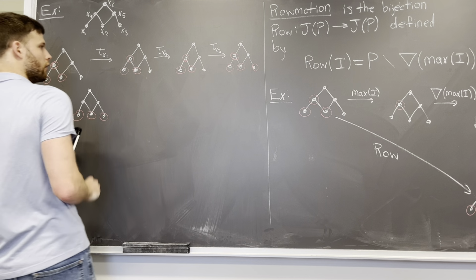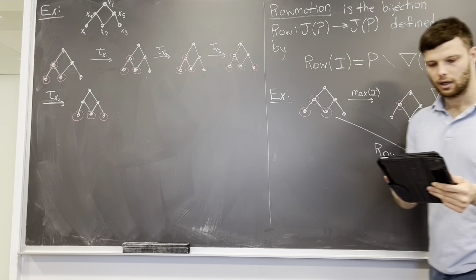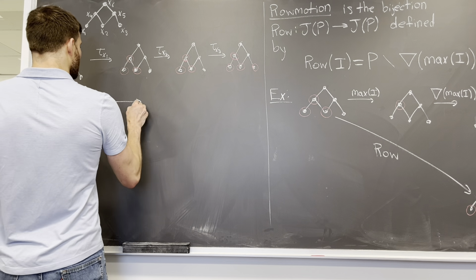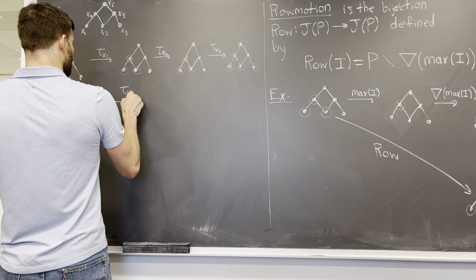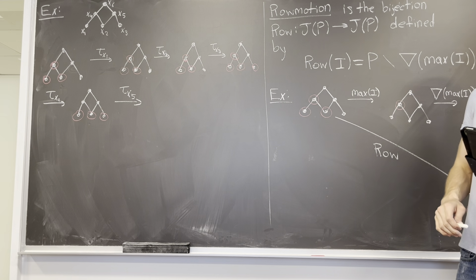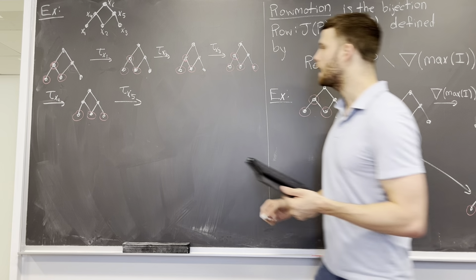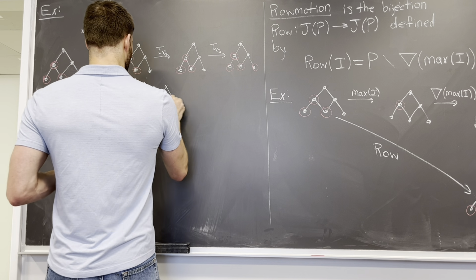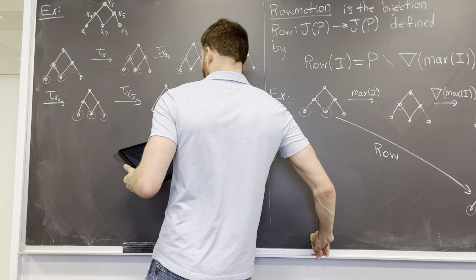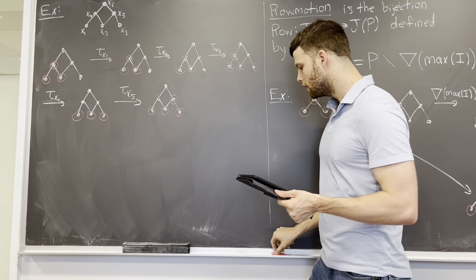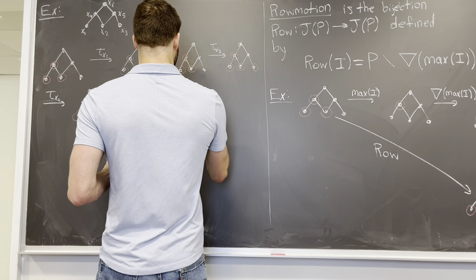So then I'm just left with this. Okay. Let's see, what is tau x5 of this? It's going to add x5. Yep, so it'll add x5. So I get this, and then finally, last one is tau x6.